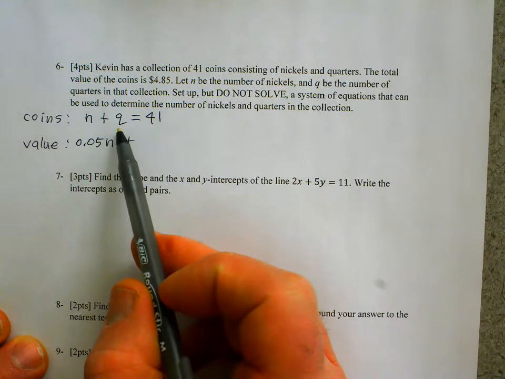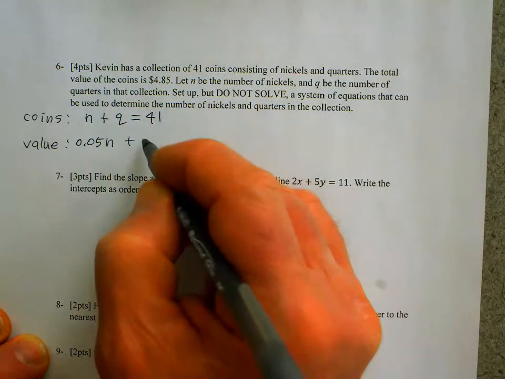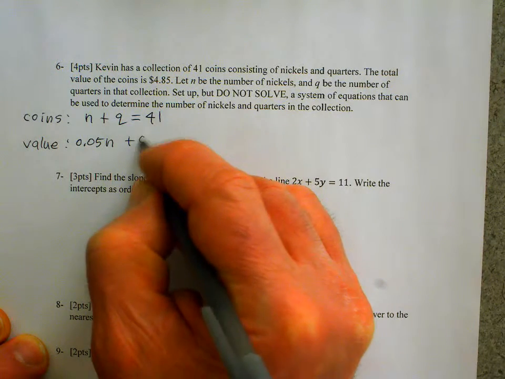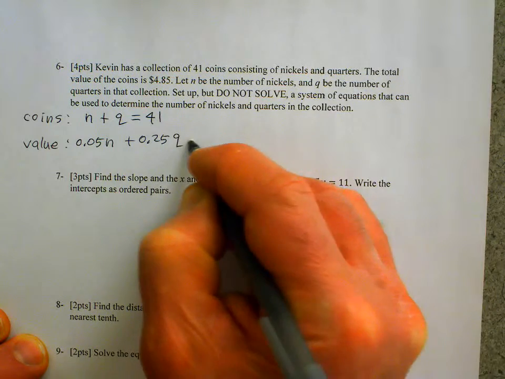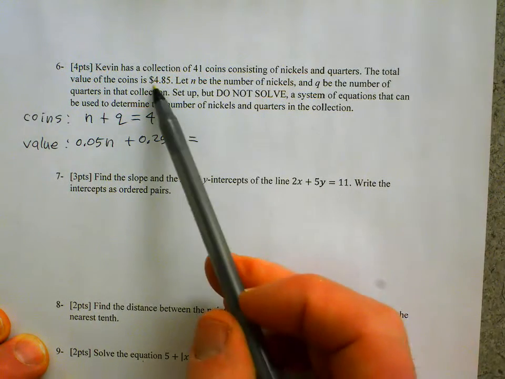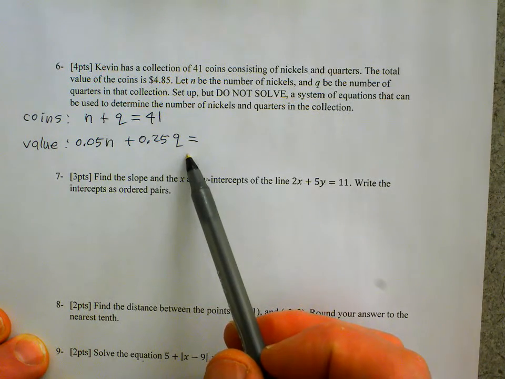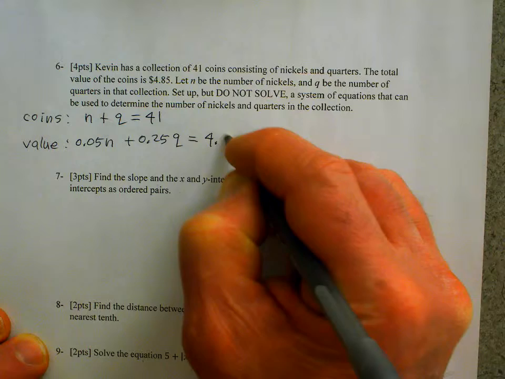The value of each quarter is 25 hundredths of a dollar. So we write the value for q quarters is 0.25 times q. And we're told in the problem itself what the value of those 41 coins is, $4.85. So 4.85.